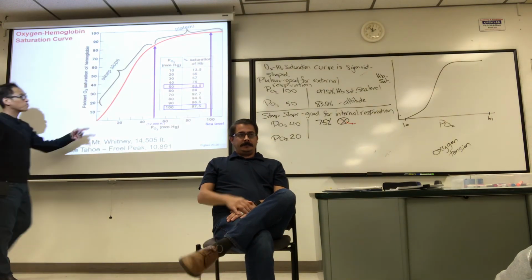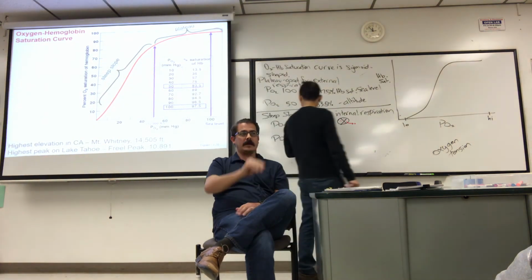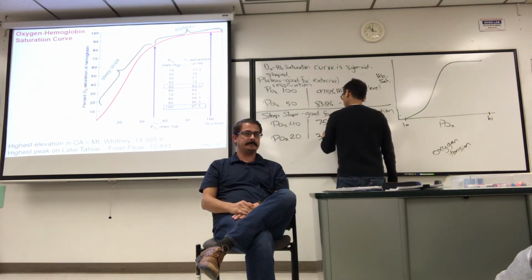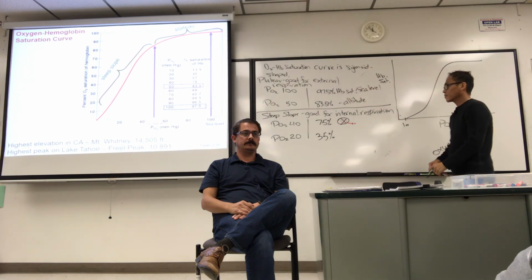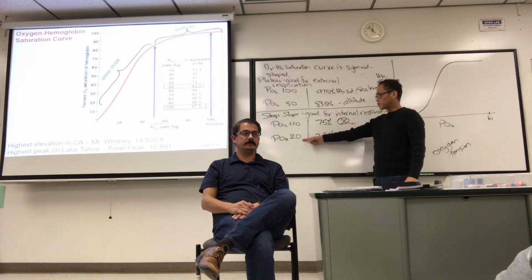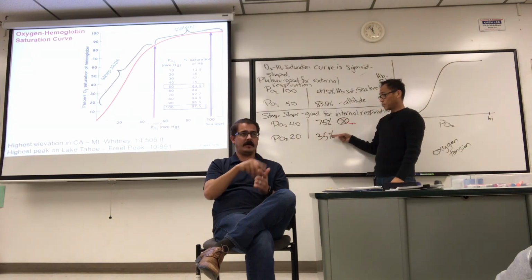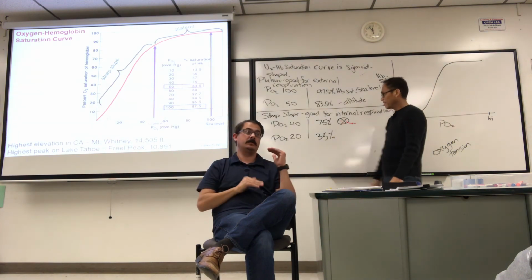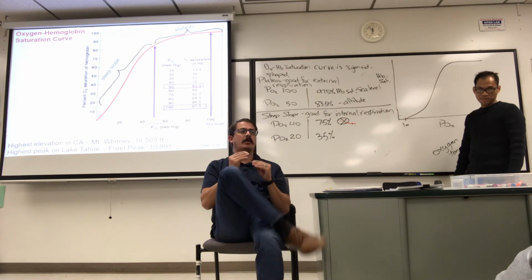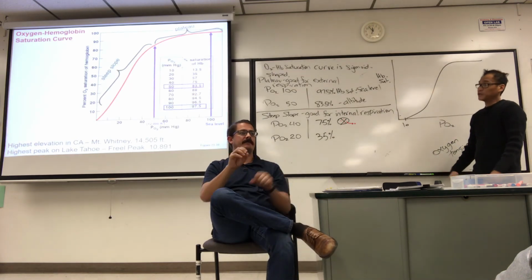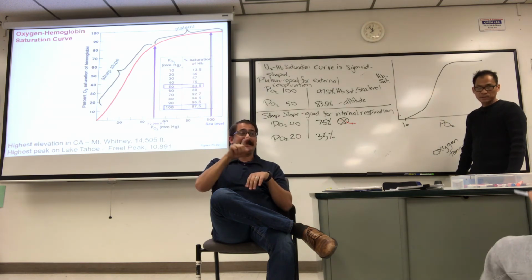At 20, saturation is 35%. So you cut the oxygen tension in half, and saturation is way less. You can see the numbers. You're more efficient at dropping it off. That's good for internal respiration because the tissues need the oxygen.